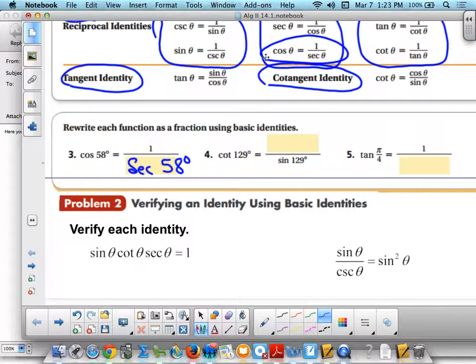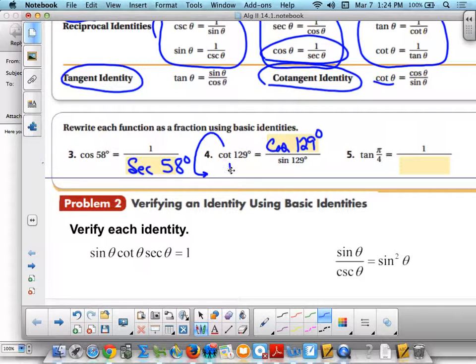Cotangent of 129 is the same as something over sine of 129. Cosine. If you have cotangent right there, cosine over sine. So you'd say what? Cosine of 129. Can I tell you what other students have asked me? Other students have said, well, why can't I write this?